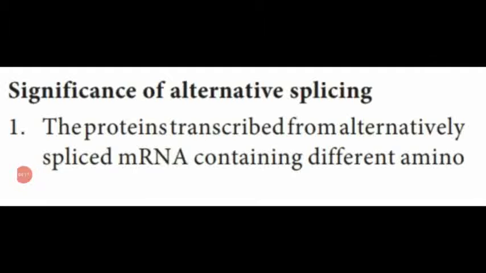Dear students, next we are going to see the significance or advantages of alternative splicing. This is an important 5-mark and 3-mark question: What is alternative splicing in plants? Write its significance. What is alternative splicing? A single gene produces multiple mRNAs and multiple proteins. These multiple proteins are known as isoforms.